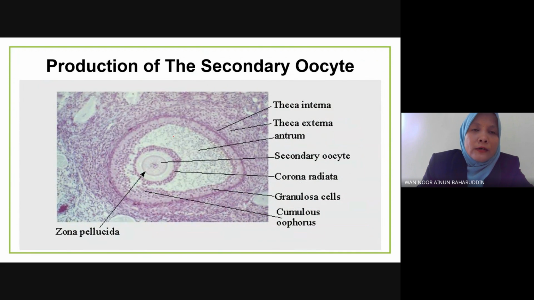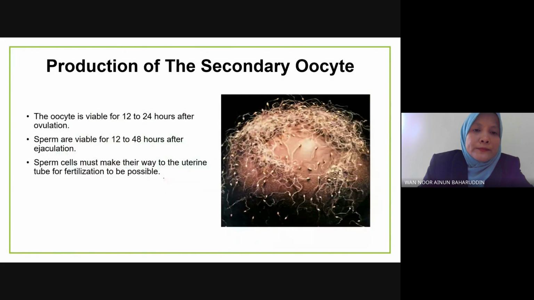This is the microscopic view of a secondary oocyte inside the follicle. The follicle has a lot of layers: the theca interna, theca externa, and the secondary oocyte resides at the innermost part. We have the corona radiata, another layer of granulosa cells, the cumulus oophorus, and then another zone called the zona pellucida.